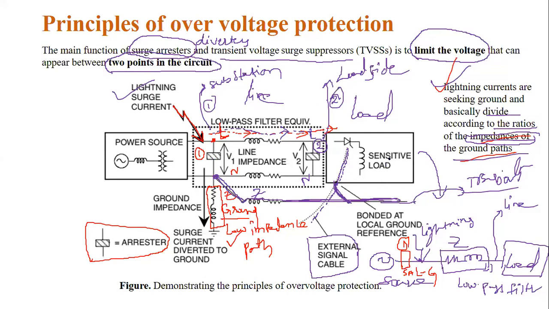Now you can see this sensitive load. We are taking it as a sensitive load, but practically, because of lightning, any type of load is damaged. We may assume any type of load here.